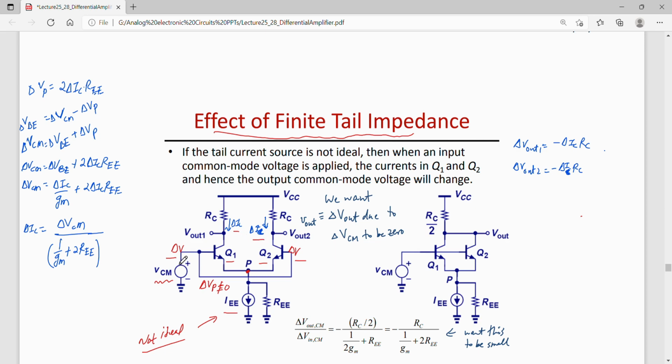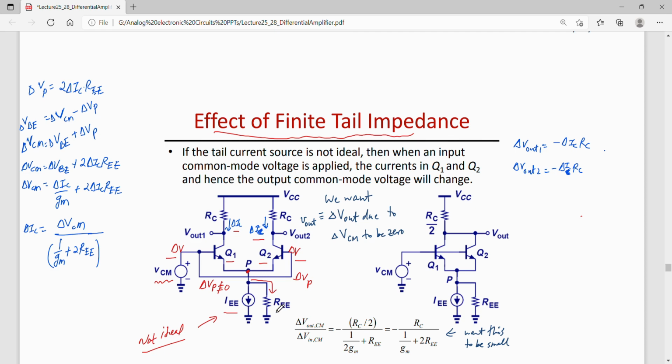So delta V, a small change in the input, causes delta IC, a small change in the collector current, and delta Vp is not 0 now, that is, you have a change in potential at point P also. In fact, delta Vp can be written as the current going into the tail impedance multiplied by REE.